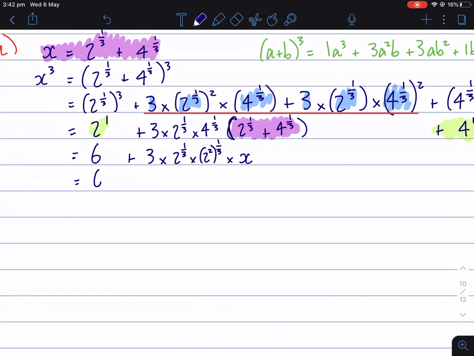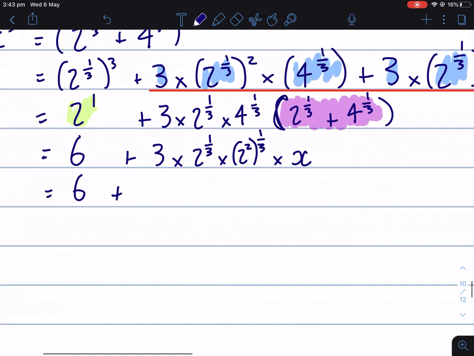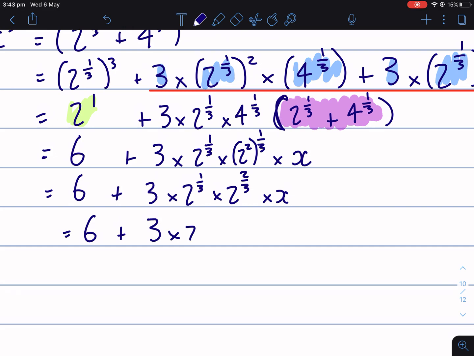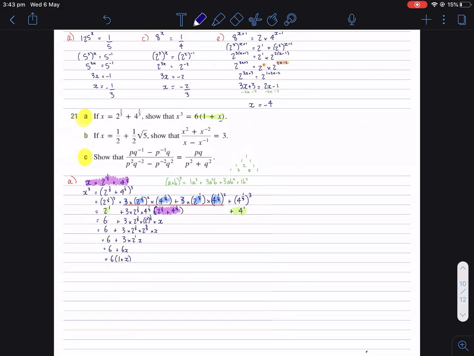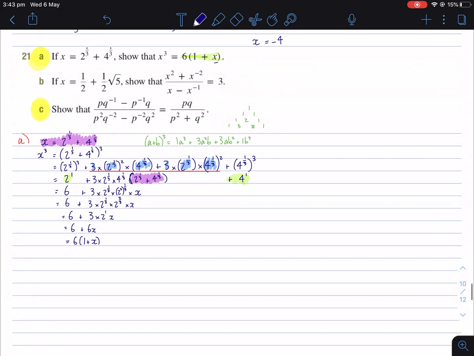So I've got 6 plus, now this is 3 times 2 to the 3rd times 2 to the 2 thirds times x. So I've got 6 plus, now this is 3 times 2 to the 1/3 plus 2 thirds, 1. So this is 6 plus 6x, so this is 6 outside of 1 plus x. I like that question.